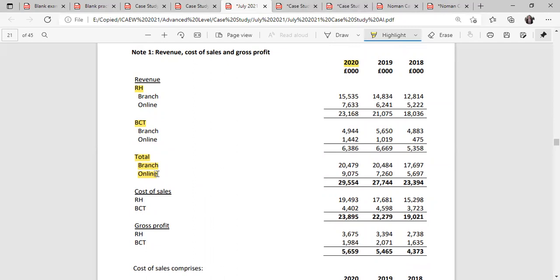If it is not in the advanced information, it is likely not going to be tested in your exam paper, because we don't have a classification of cost of sale among branch and online. There is a reason here as well: the data could not be segregated or allocated. We have common staff working for both branch and online operation, and this was clearly mentioned in our advanced information.